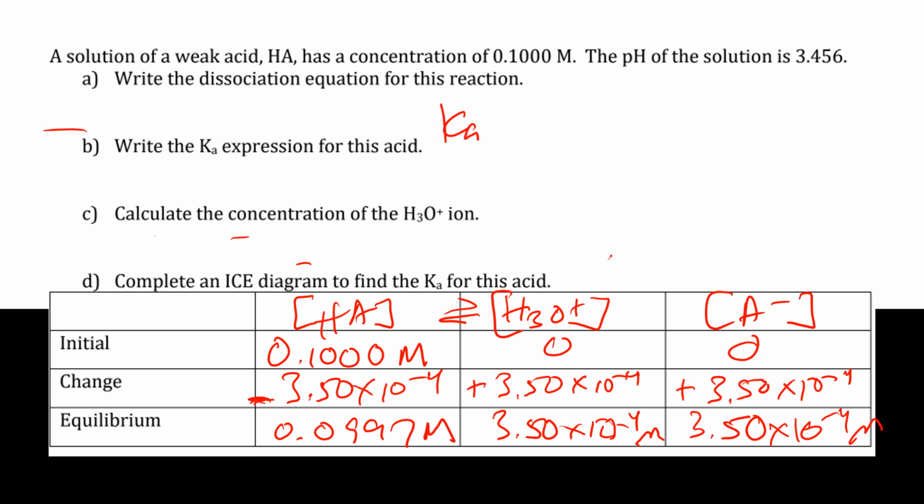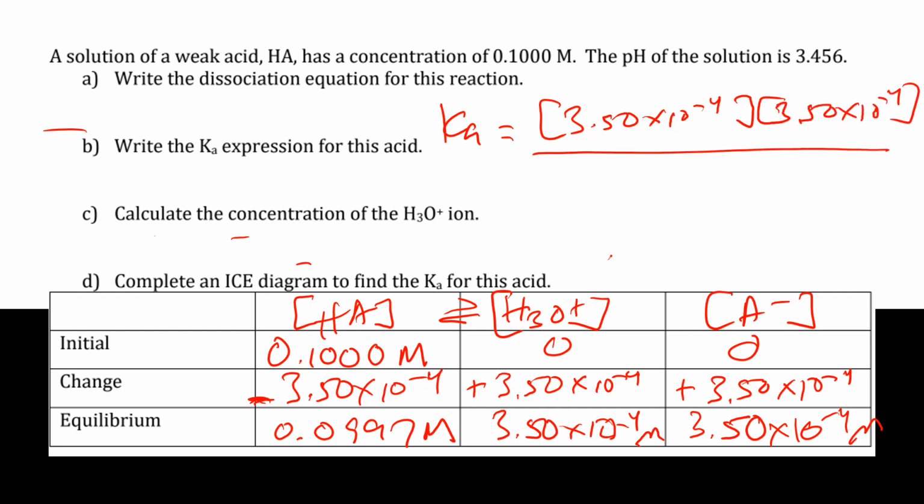So Ka equals my hydronium ion times my A minus ion, so 3.50 times 10 to the negative 4 times that again, divided by my HA, which is 0.0997. I do my math. Remember that I have 3 sig figs according to this. Actually, hold on. That's my concentration. Yes, I have 3 sig figs. So in the end, I'm going to get 1.23 times 10 to the negative 6.